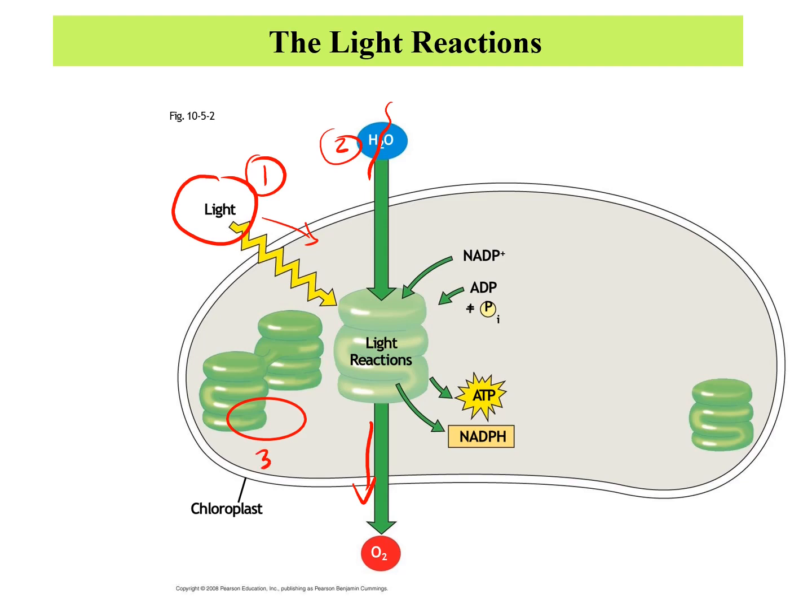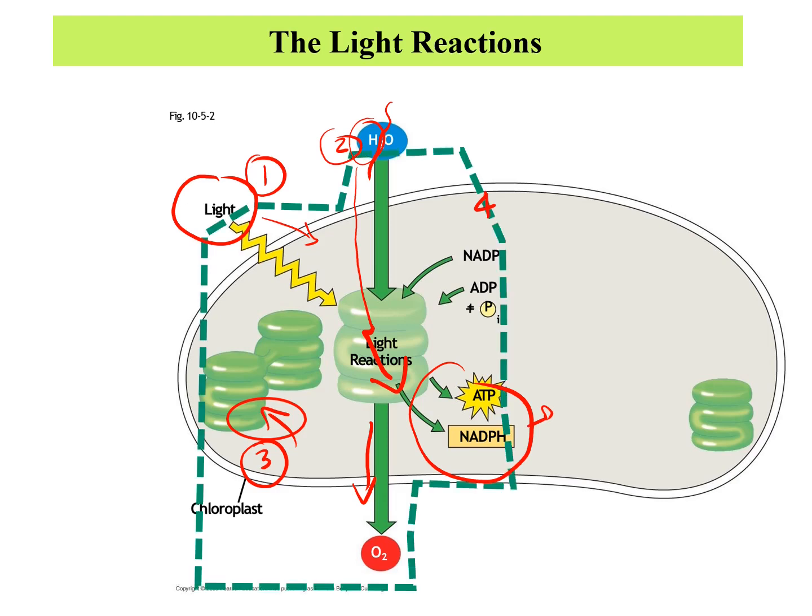Another important point is that they take place in the thylakoids. They don't take place in the stroma, they take place in the thylakoids. And the product of splitting the molecule of water allows you to capture this hydrogen here to produce ATP and NADPH, which will be necessary for the second part of photosynthesis.